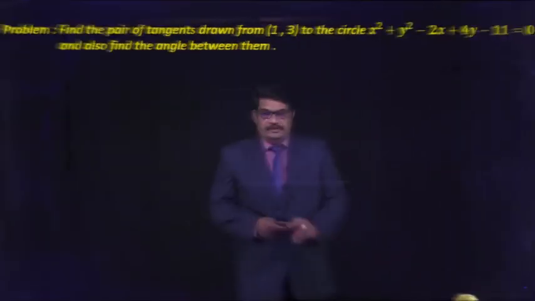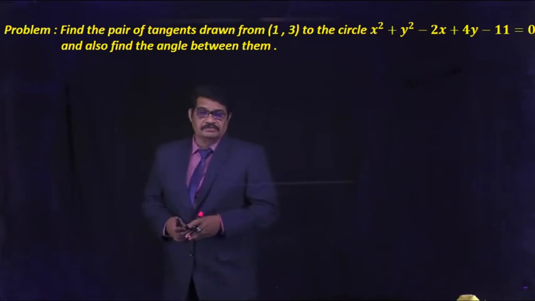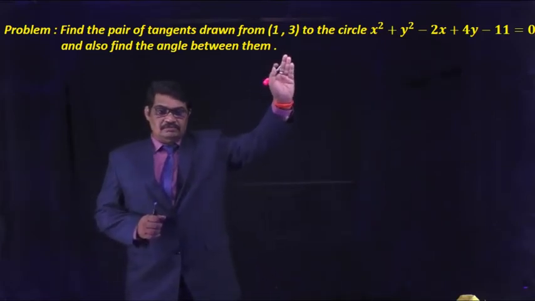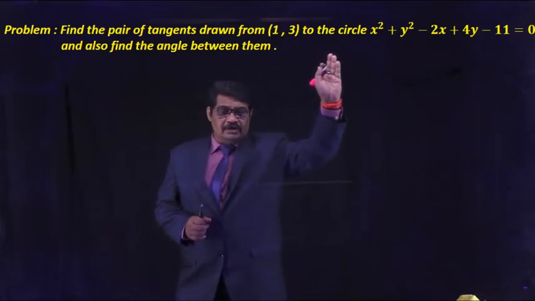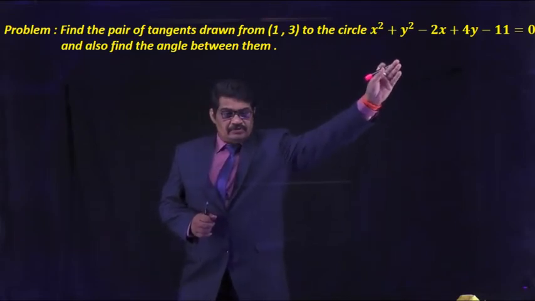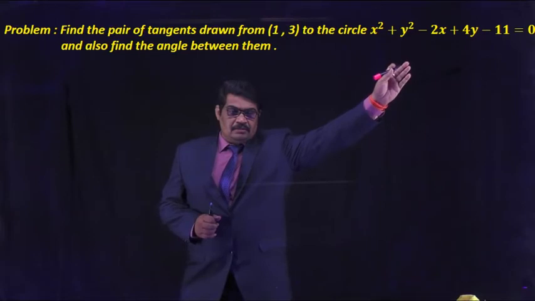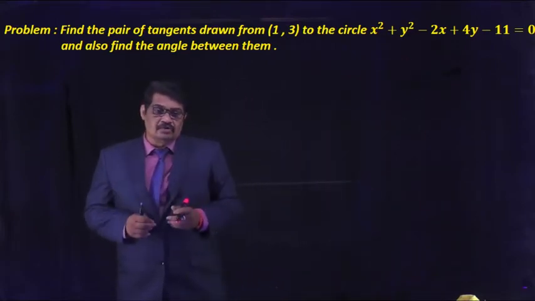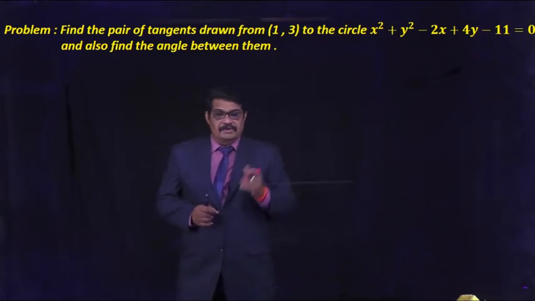Okay, see the next problem. Find the pair of tangents drawn from the point 1 comma 3 to the circle x square plus y square minus 2x plus 4y minus 11 is equal to 0, and also find the angle between them.